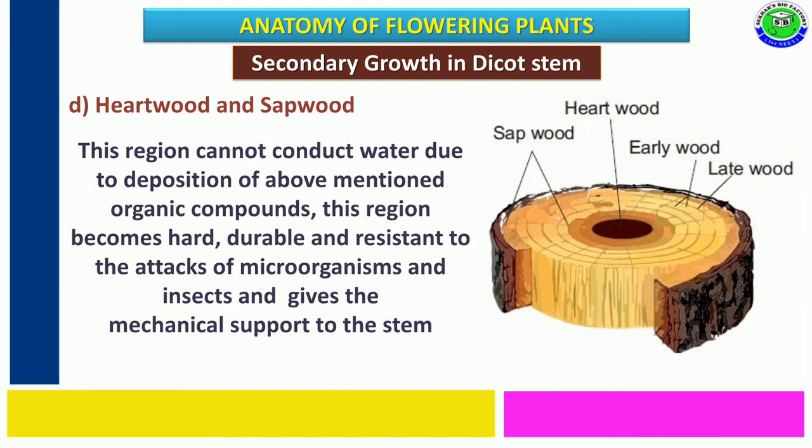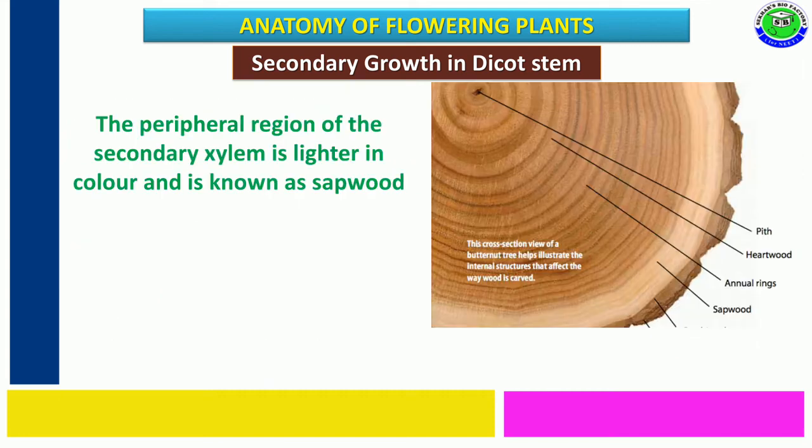Heartwood cannot conduct water due to deposition of all these organic compounds, and for this reason it becomes hard, durable and resistant to attack by various microbes including insects, so the heartwood present at the center gives mechanical support to the stem.